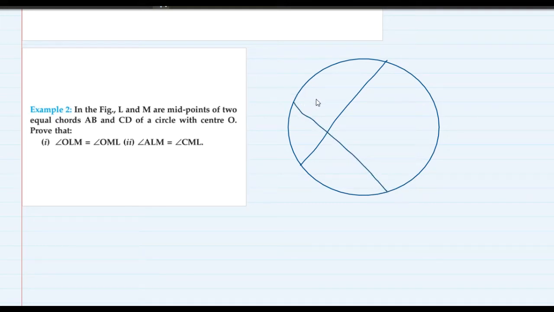Okay, L and M are midpoints of two equal chords. So the equal chords are AB and CD, and L is midpoint of AB and M is midpoint of CD. So we'll join LM.